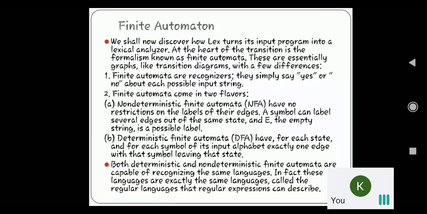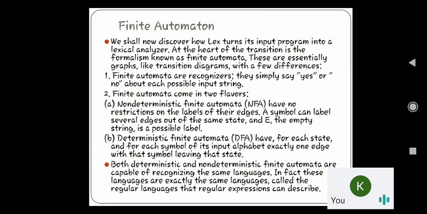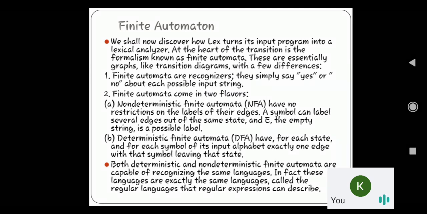Whereas in DFA, the same label will transfer from one state to another state only once. This is a very important difference. In NFA, the same label can transfer from one state to another state more than once. In DFA, the same label transfers from one state to another state only once. This is the important first difference that we have.